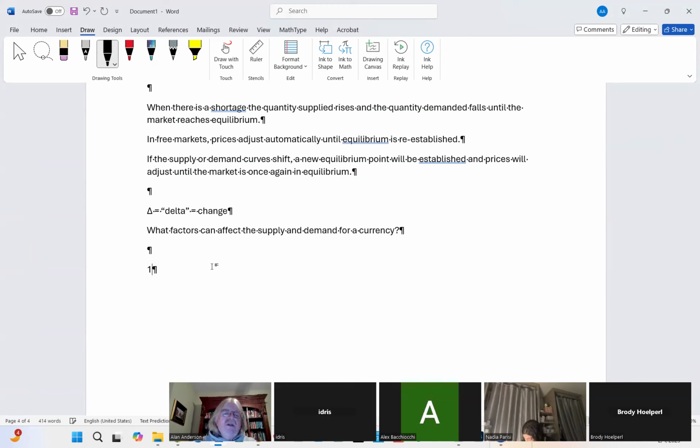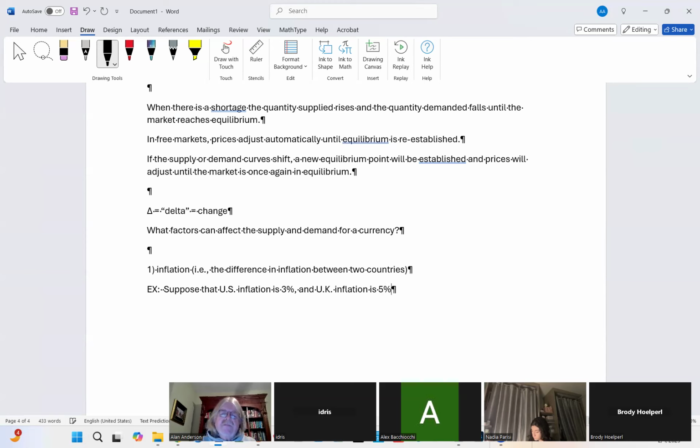All right, so we start with inflation. Specifically, the difference in inflation, which is what really matters between two countries. So in other words, for example, suppose that US inflation is 3% and UK inflation is 5%. This means that purchasing power is falling more quickly in the UK than in the US.